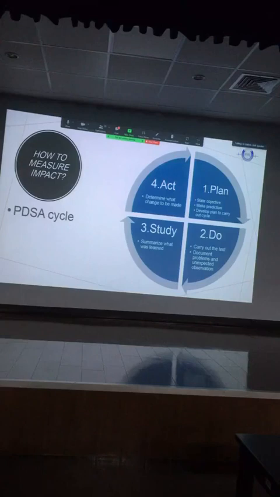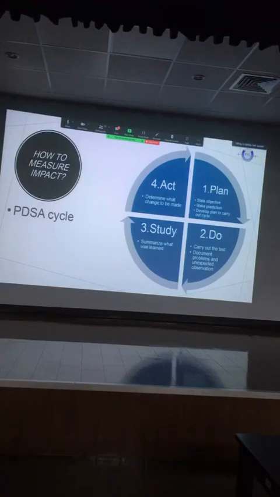It's one of the concepts that's underutilized. It sounds very simple, but believe me, there are so many people who do it wrong and don't see an impact. If you do this model correctly, you will see the impact of your work. It's a cycle. You start with 4 steps: plan, do, study, and act. The planning phase is the most important step of the project.